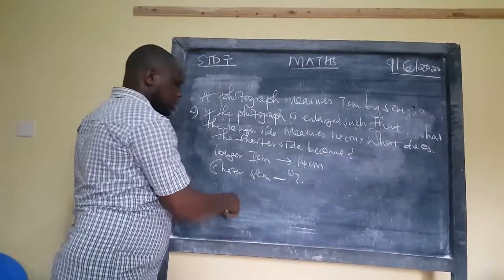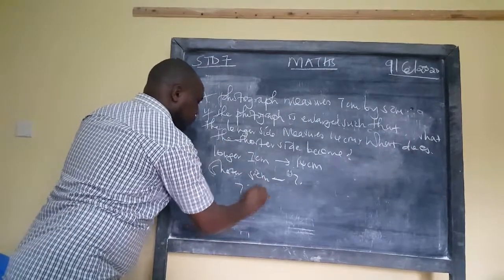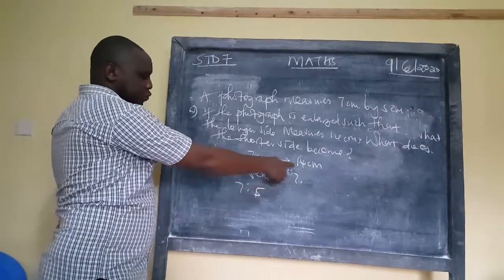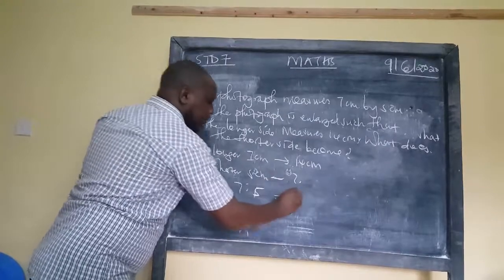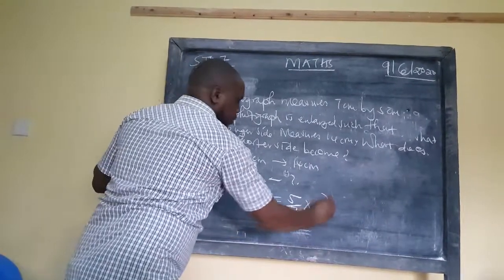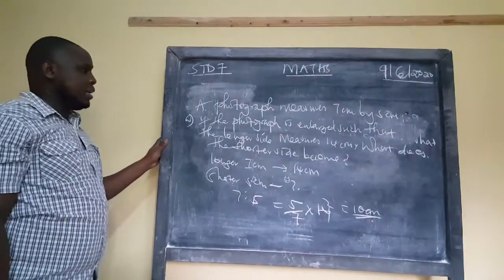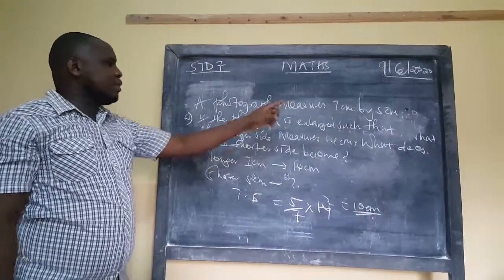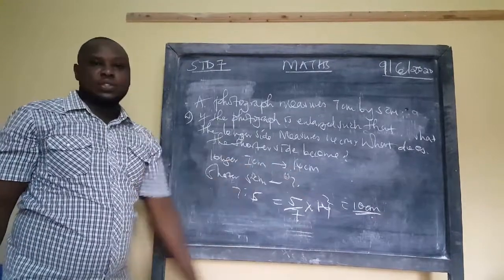This is just like the ratio 7:5. So you get 5 out of 7 times 14, and you find that the shorter distance now becomes 10. Remember, 7 has been multiplied by 2 to get 14, so you also multiply this by 2 to get 10.